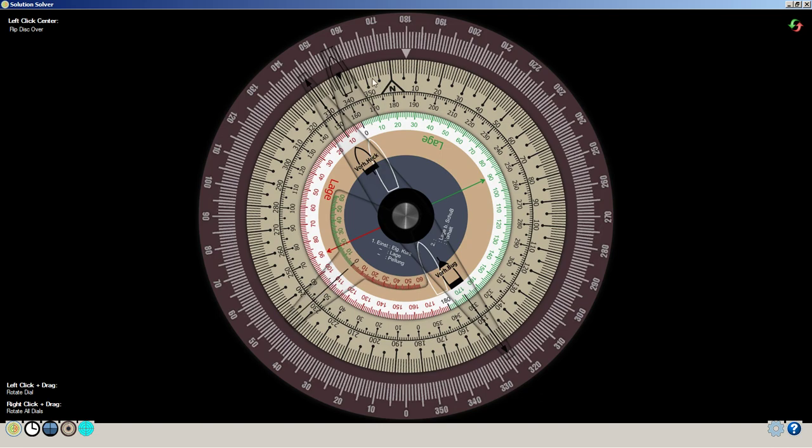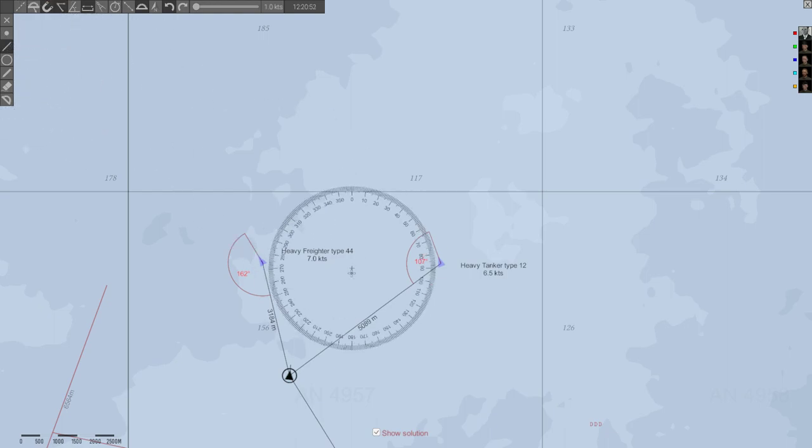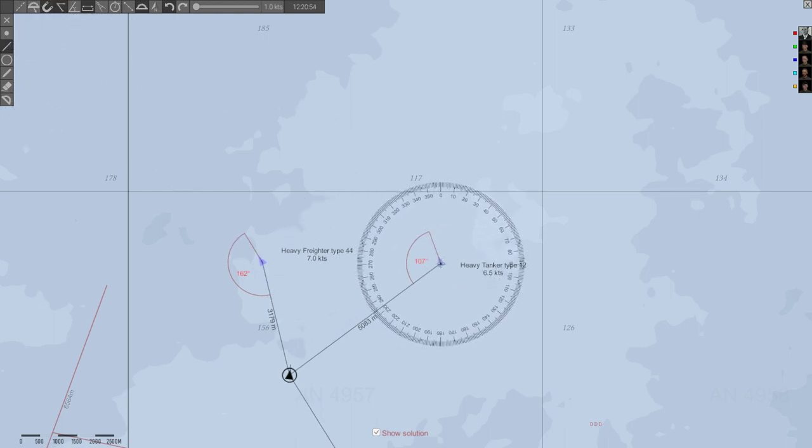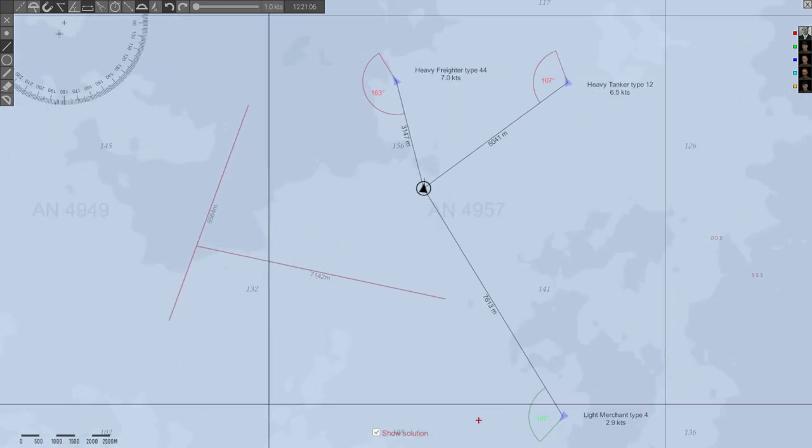The true course is showing as 341 degrees. Let's check that. Yep, 341, that's about right; 340, 341, somewhere in there.